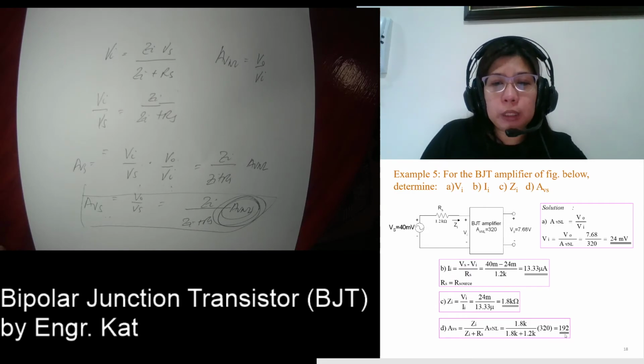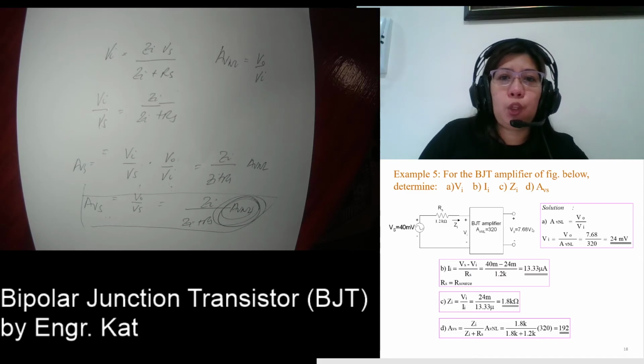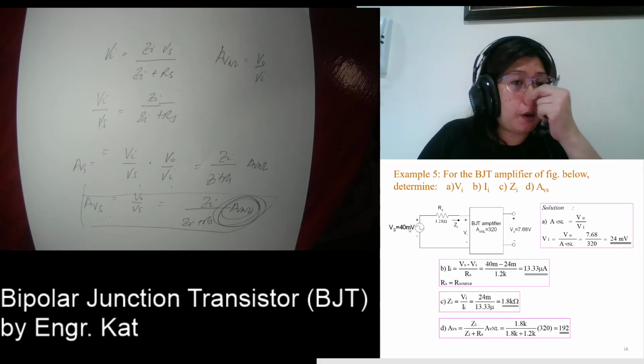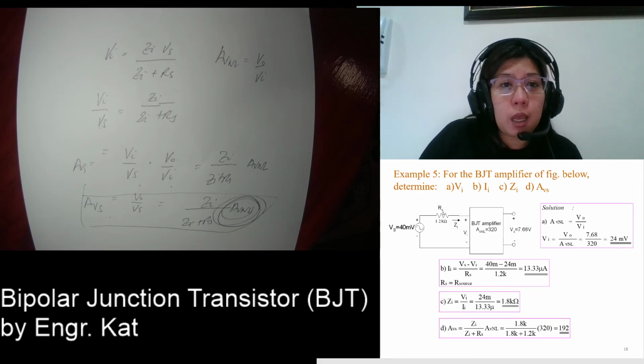Look at the voltage gain. It lowers down. Why? Because we are determining the increase from here to here. So not all the 40 millivolts was amplified 320 times. Some of the voltage from the 40 millivolts was dissipated by your Rs here. It was dropped, it became a loss at your Rs, so your gain becomes lower.